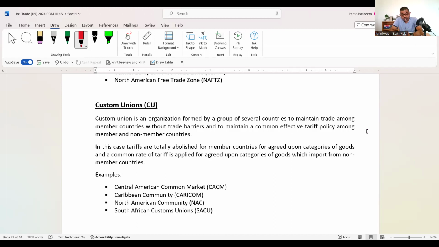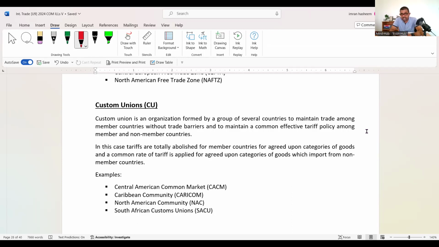Customs union. Union means you bring things together, no? Say Pakistan now comes and wants to engage in international trade with Sri Lanka, with Bangladesh, and with India.